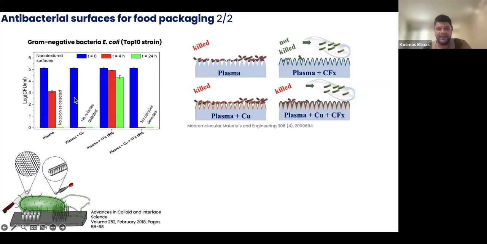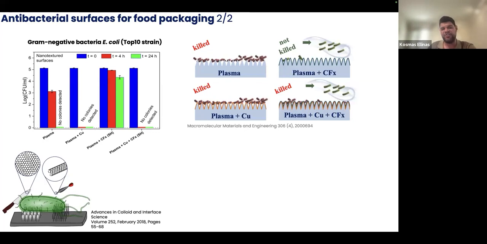So you can see here that the surfaces which have only this micro and nano roughness can, after 24 hours, kill all the colonies existing on them and have the same behavior like the ones that are covered with a copper film in order to improve their bactericidal action.